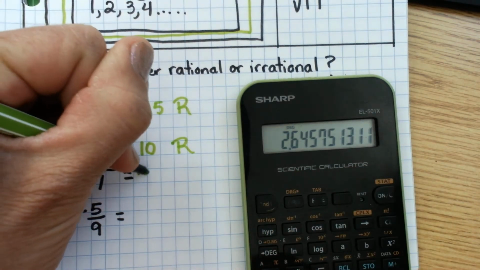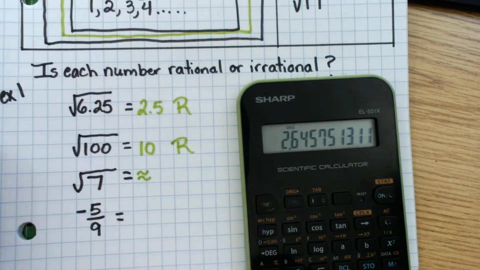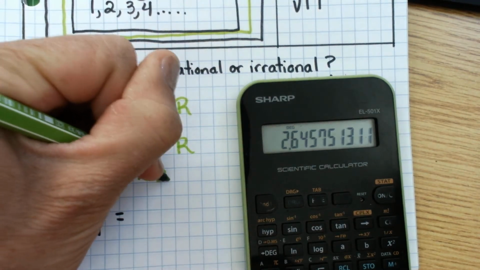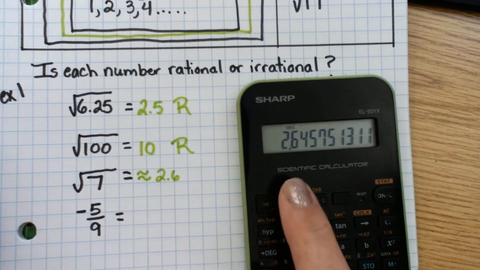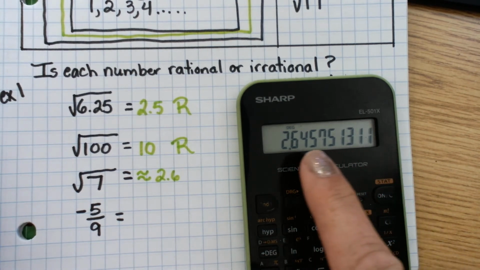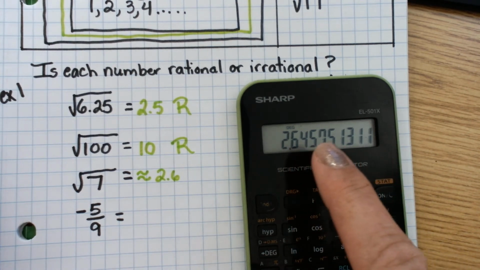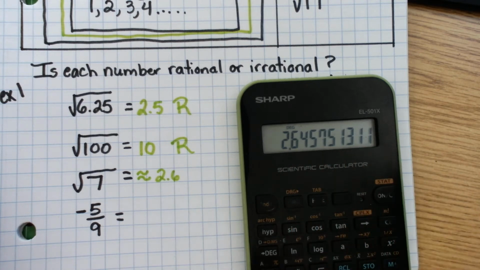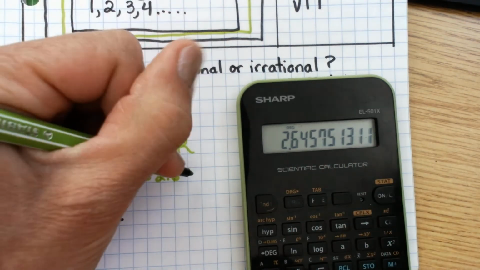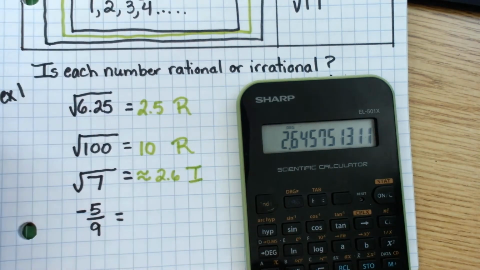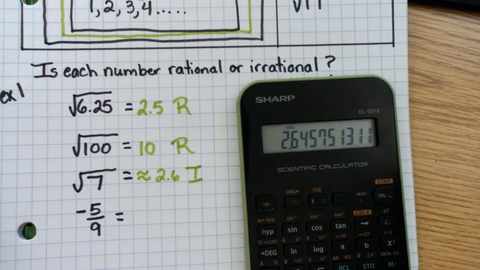It only ends because the screen of my calculator runs out. It rounds to about 2.6, but I don't really see a repetitive pattern at that point, so I would make my best guess that this is irrational.